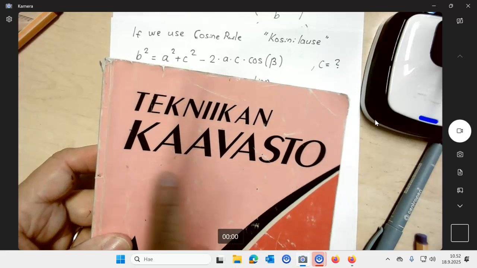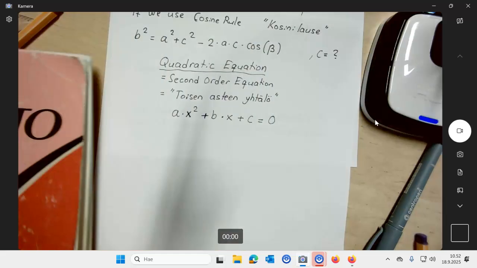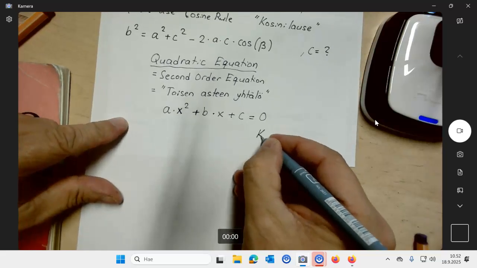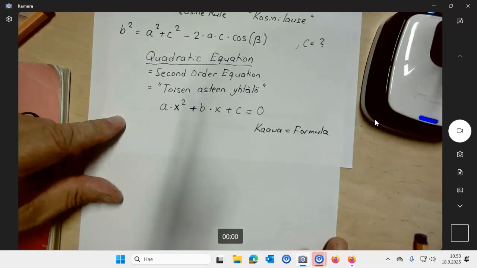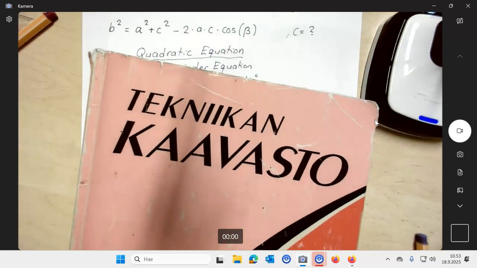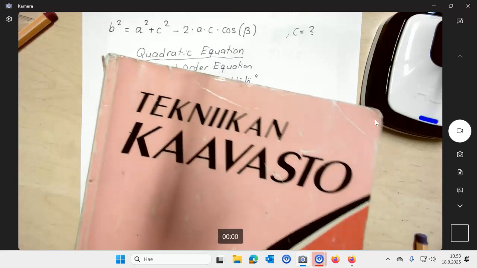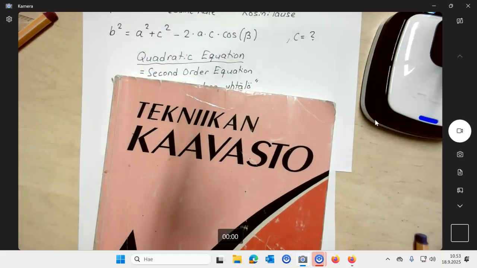Formula book, this kaavasto. Kaava is formula. And in this case, the kaavasto means that it is a book of formulas. That's kaavasto. Oh, it's STO. Yeah. I actually don't know the reason for this, but for example, what is another example?